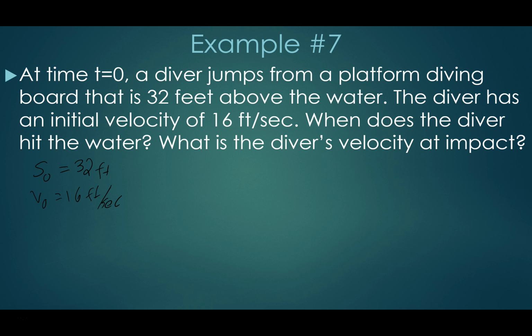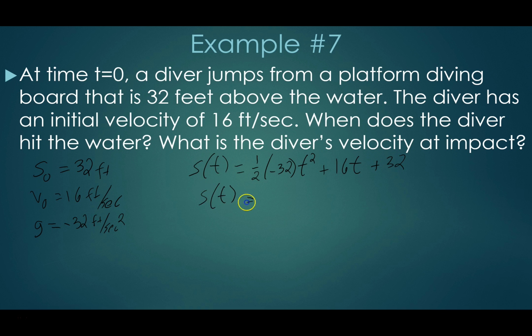So again, if you remember from your s of t function, I need 1/2 g t squared plus v sub 0 t plus s of 0. So I need g. Well, if I'm in standard units, g is going to be negative 32 feet per second squared. So I have 1/2 times negative 32 t squared plus v sub 0 t plus s of 0.